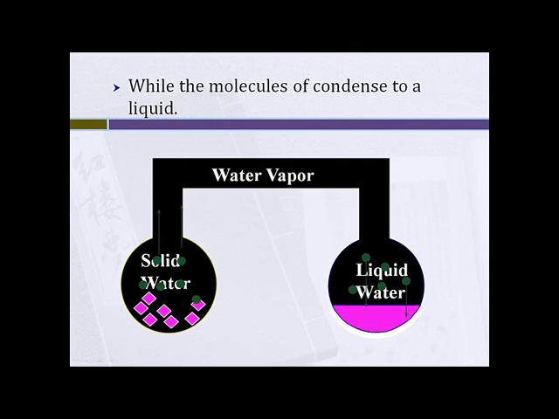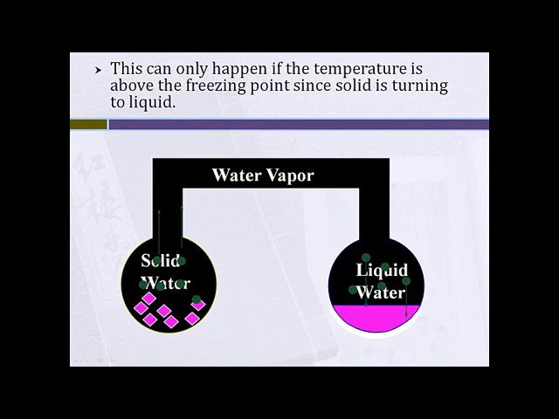And those molecules will condense into the liquid water. This can only happen, though, if the temperature is above the freezing point, since the solid is releasing its molecules and they're becoming a liquid.